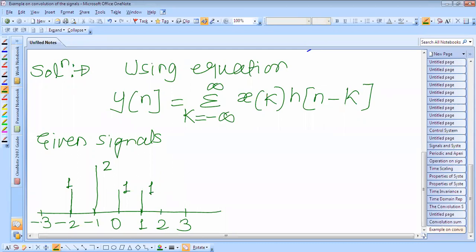So this is the input given to you, and the impulse response is given like this.